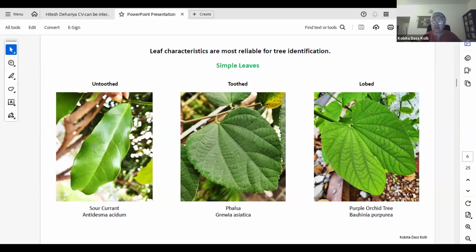Sometimes there may not be a visible stalk, but where the leaf is attached to the twig or the branch, you will see a tiny little projection, which is called a leaf bud, and that will tell you that this is a simple leaf. For the most part, it is by itself on a twig, and other leaves are arranged on the twig as well. When I get to the next slide, you'll see the difference.